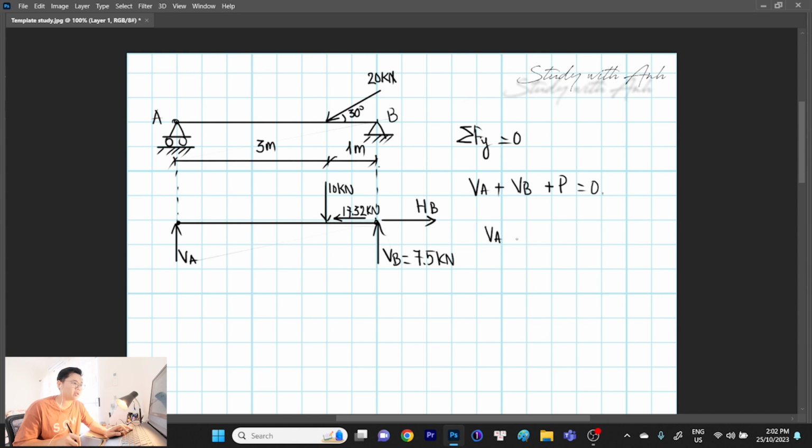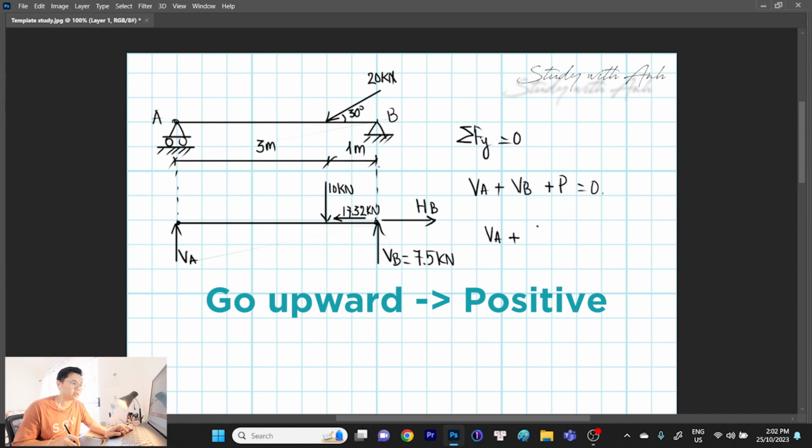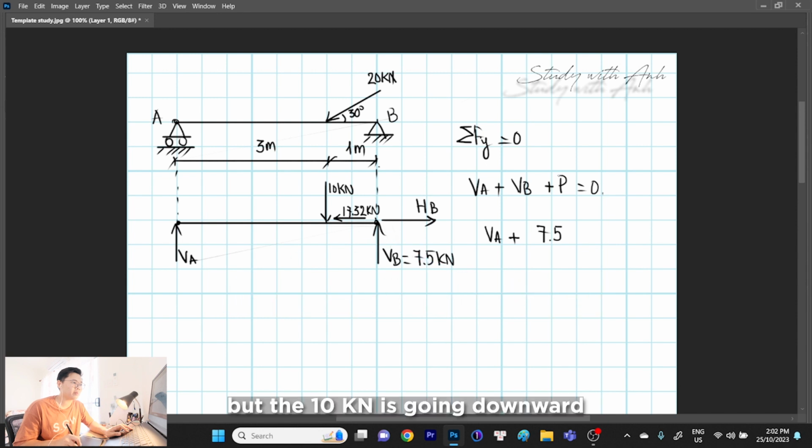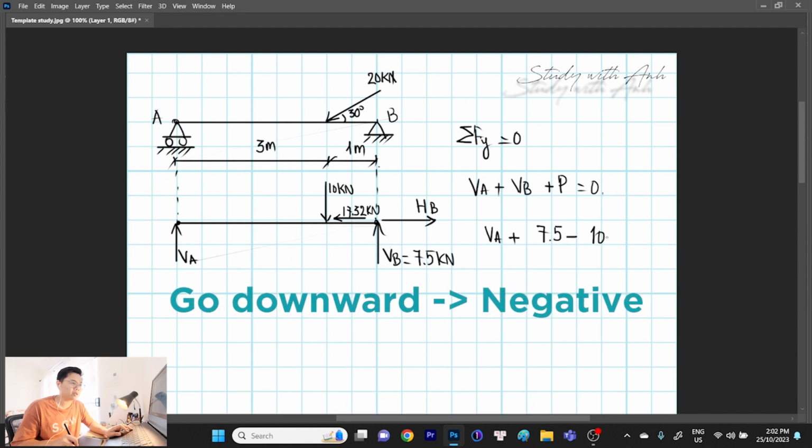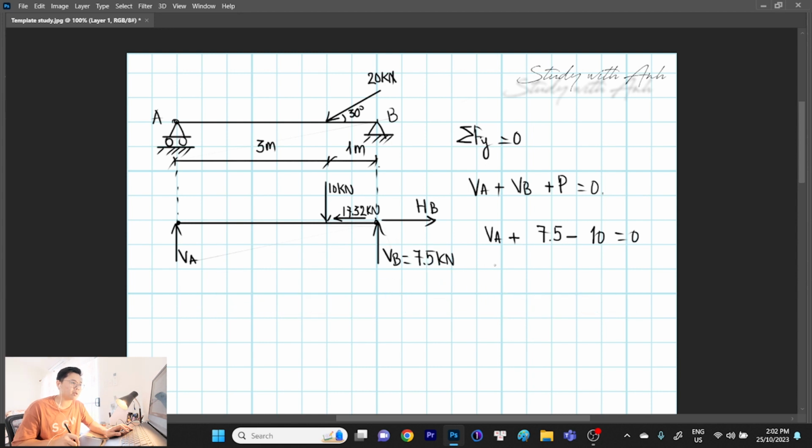So VA plus 7.5, because it goes upward, but the P goes downward, which means the negative sign.